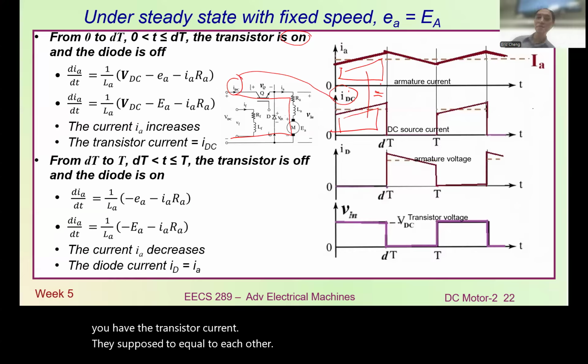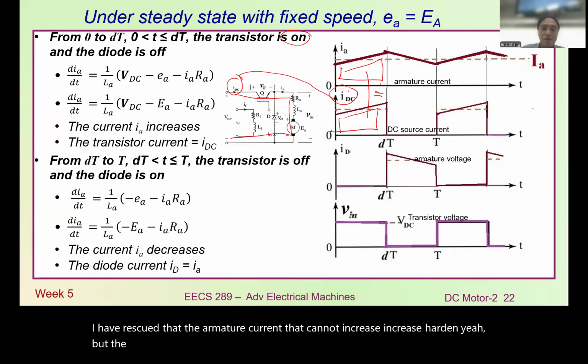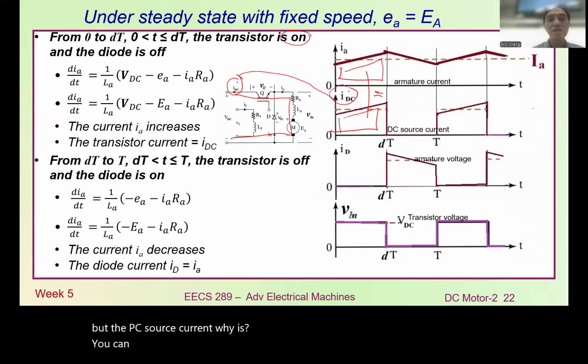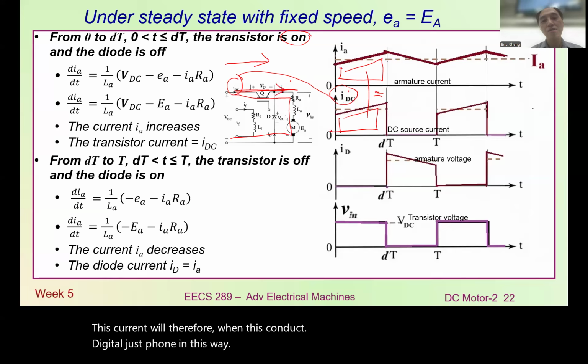I understood that the armature current can increase suddenly. But the DC source current, why? You can see that it's a DC current. When this conducts, this current will just flow in this way. This current is the armature current, IA. So this current, equal to IA, will flow in here.